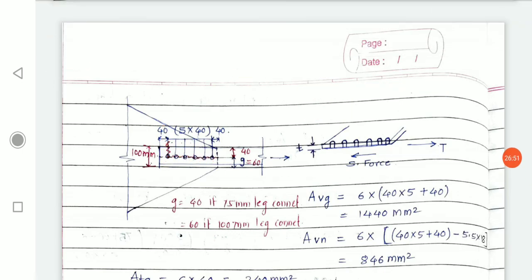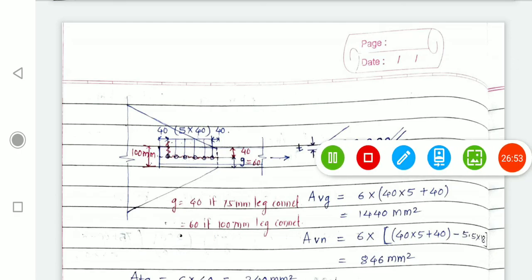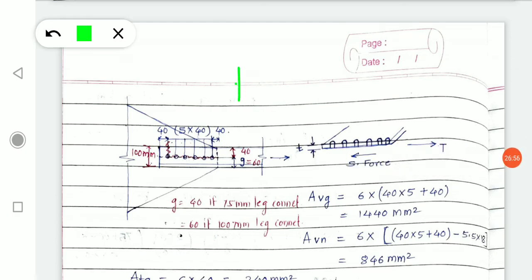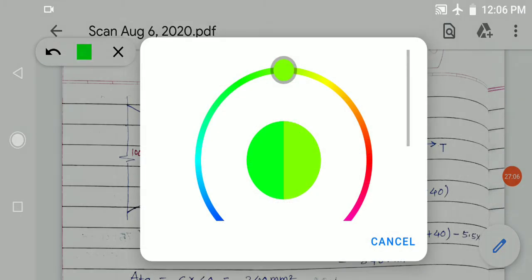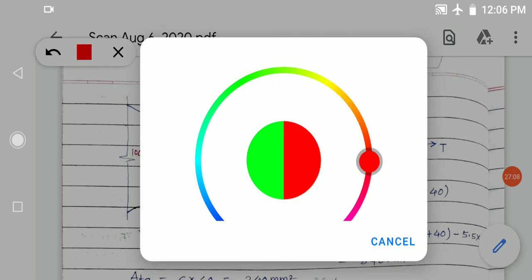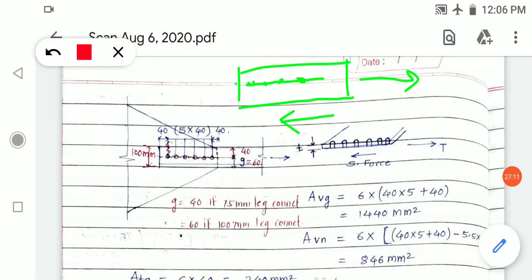So in the block shear, I already explained that one face along the holes will be under shear, equal and opposite forces acting across a section, but this vertical face is under tension, so it will show equal and opposite tension force only.